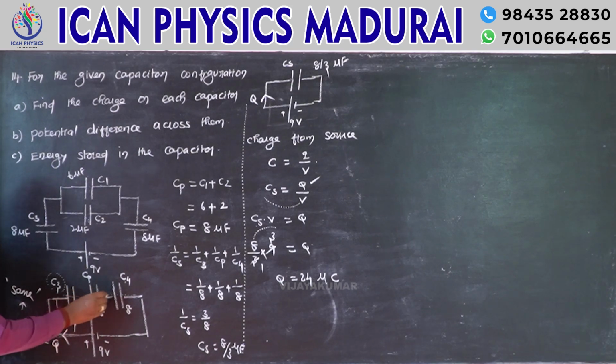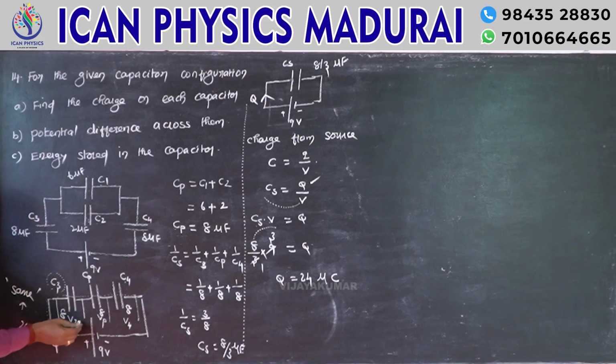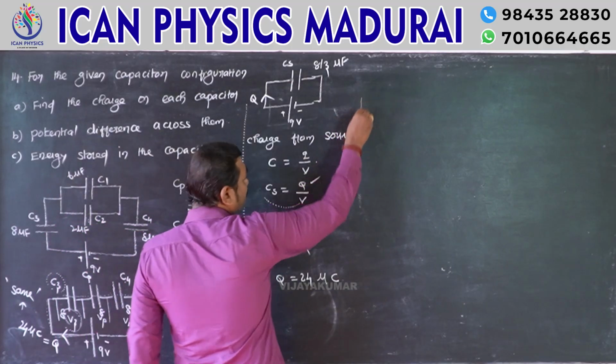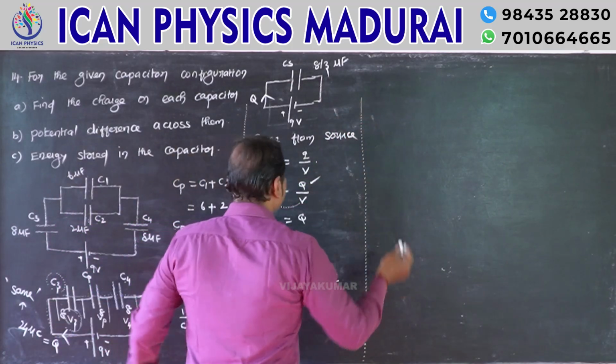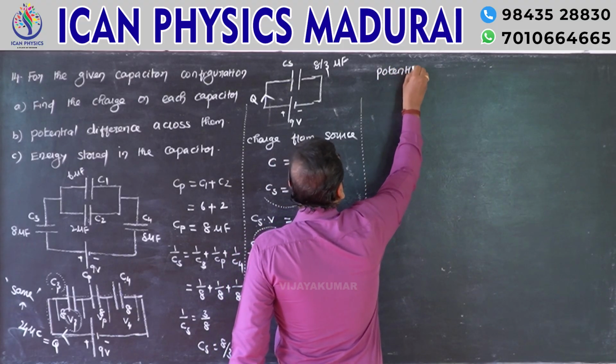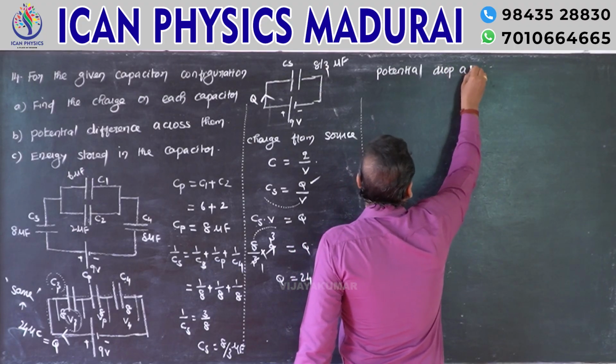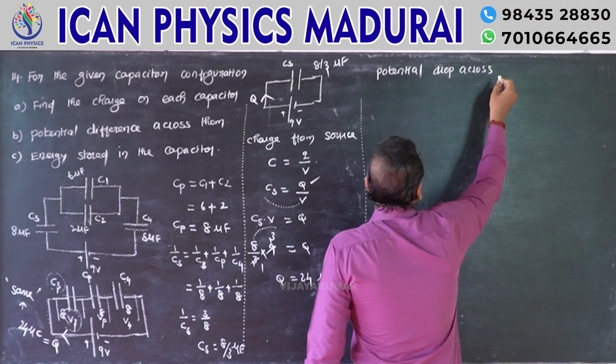The potential difference across Cp is taken as Vp, and across C4 is taken as V4. Now, what we are going to calculate first is V3, the potential drop across C3.